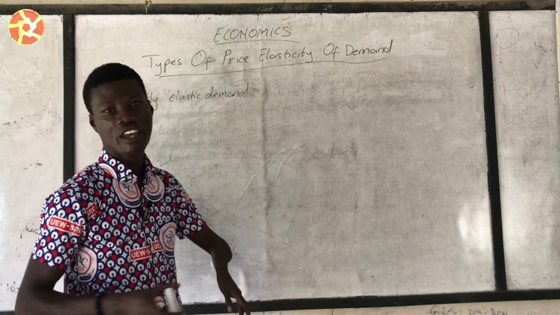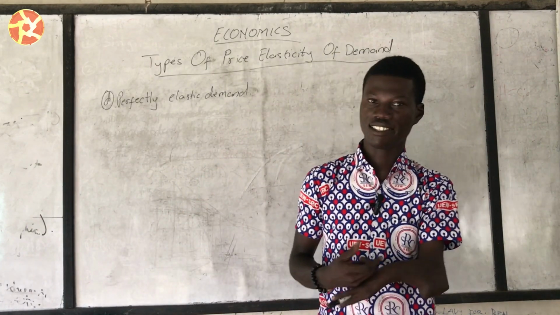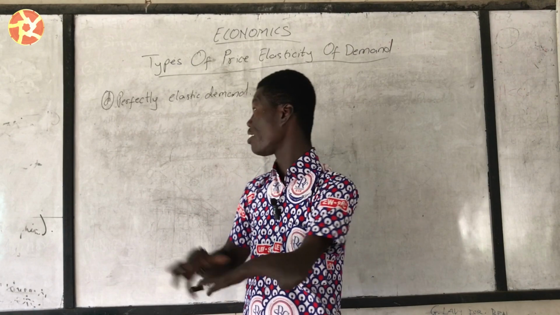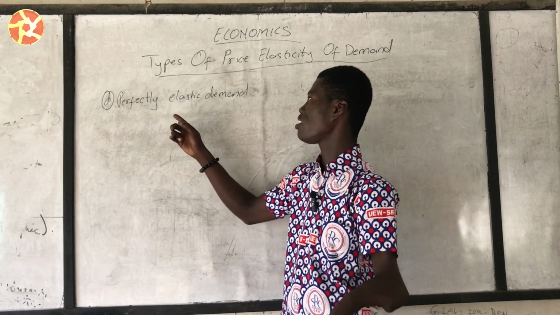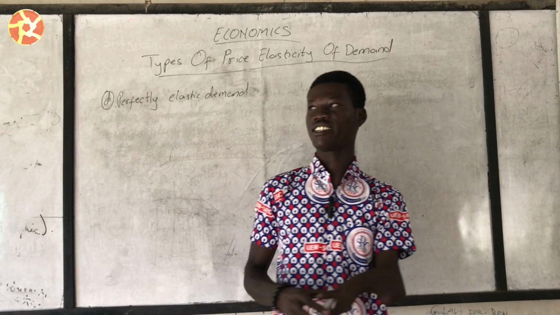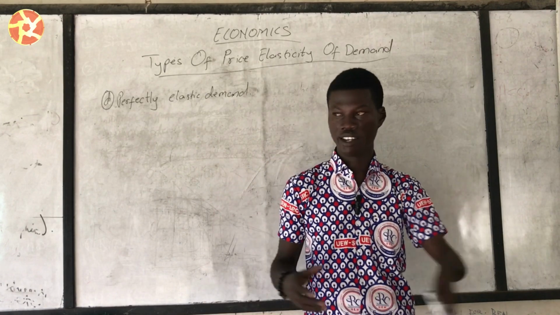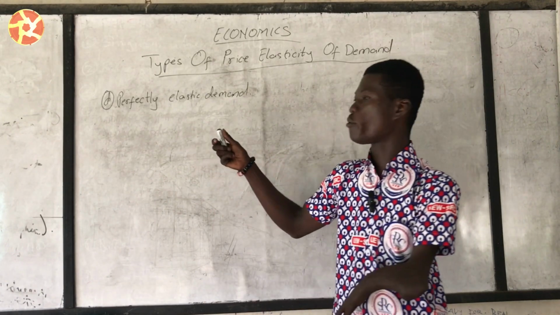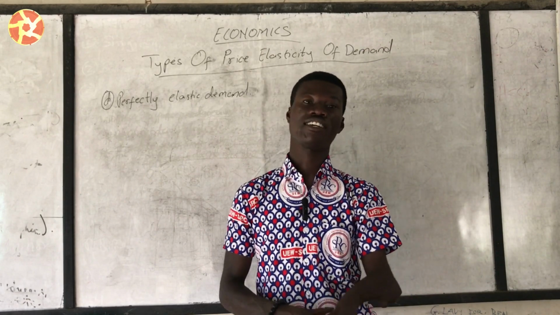So initially, we found out that we have fairly elastic, and this time around, the next one, the fourth type of price elasticity of demand, is perfectly elastic demand. Under fairly elastic, we said that the change in price causes a greater change in quantity demanded. But here, we are saying that there is not even a change in price.